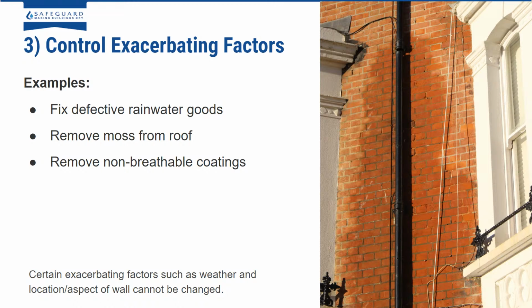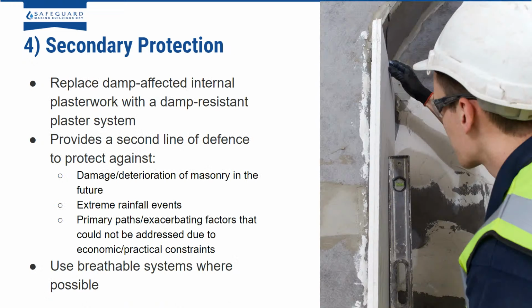Controlling any exacerbating factors, so fixing the rainwater goods, moss and non-breathable coatings. And secondary protection using breathable plaster systems, which can prevent any further damage of the masonry, especially during any extreme rainfall events. So this will be very useful at doing that.